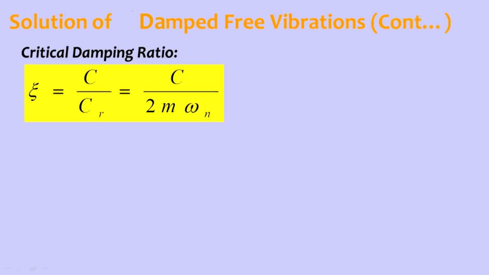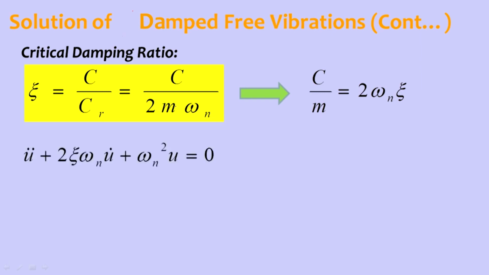So the critical damping ratio zeta is equal to C by Cr, which is equal to C by 2 m omega n. That gives us C by m is equal to 2 zeta omega n, so we substitute this value for C by m.